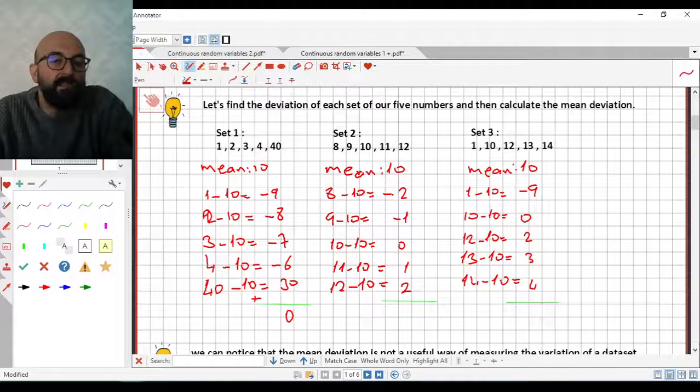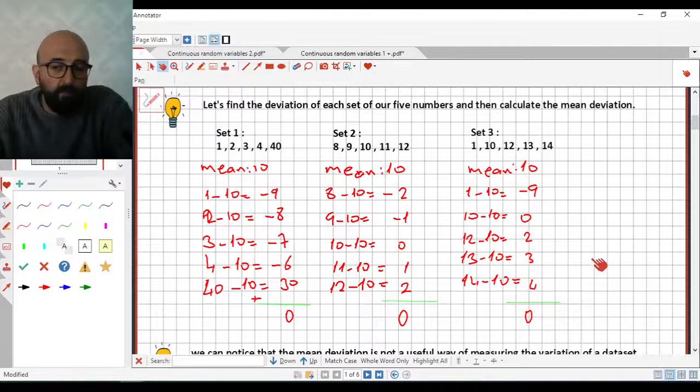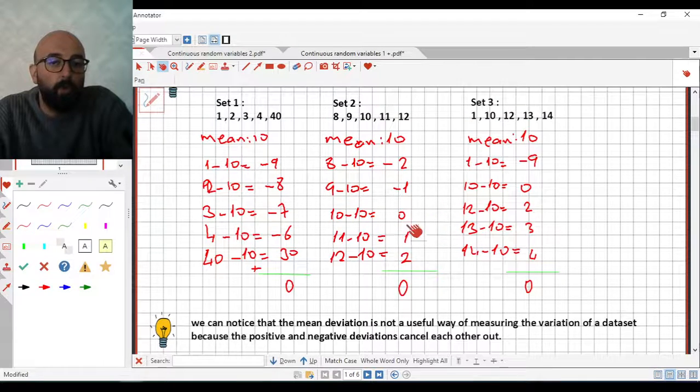And for the other set, -2 plus -1 is -3, plus 1 plus 2 becomes 0, and -9 plus 0 is -9, plus 2 plus 3 plus 4 becomes 0. That's very interesting: for all sets, the sum of all deviations becomes 0.